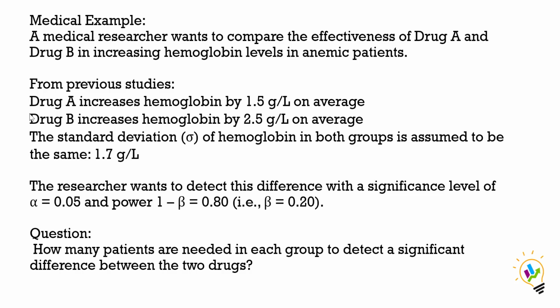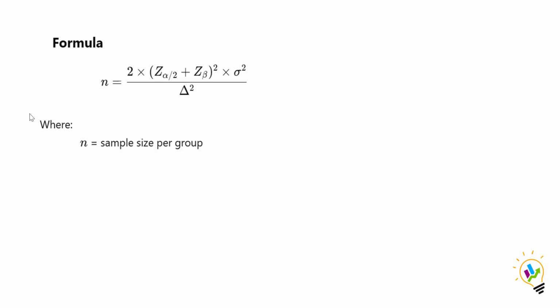Now the question is, how many patients are needed in each group to detect a significant difference between the two drugs? For this, the formula is, this is a formula where n is equal to sample size per group and z alpha by 2 is 1.96 because 95% is the confidence level.